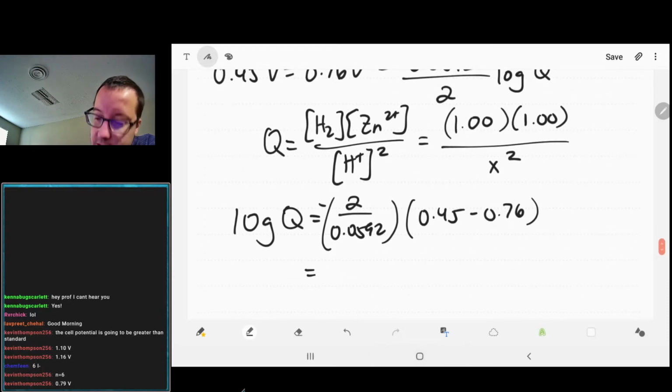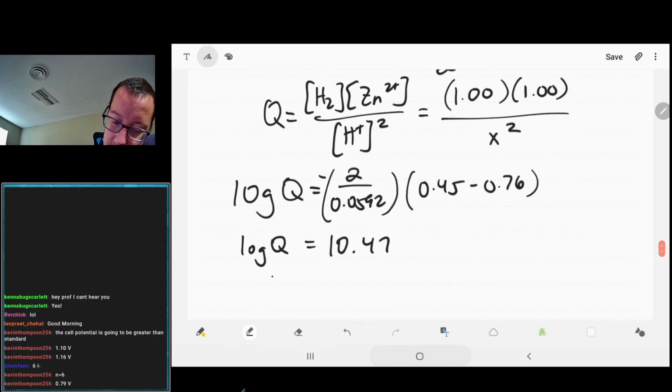All right, which will equal, okay, negative 2 divided by 0.0592 times 0.45 minus 0.76. Log Q is going to be 10 point, is this positive or, no, it is positive. Okay, 10.47.